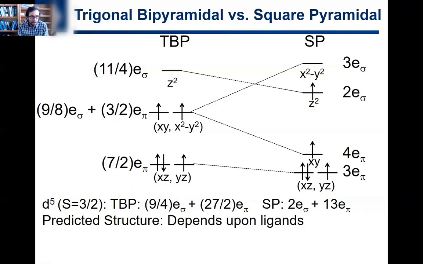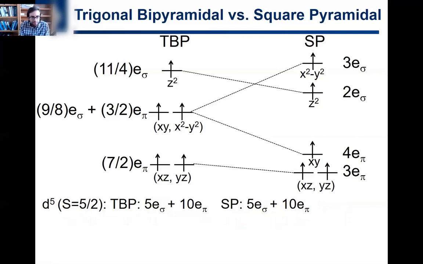So it's going to depend upon the ligands a lot, with bulkier ligands favoring TBP and smaller ligands favoring SP. Smaller ligands that were really pi donating would really favor square pyramidal, right? Because you have both this slight e pi factor and this slight e sigma factor working in square pyramidal's favor.